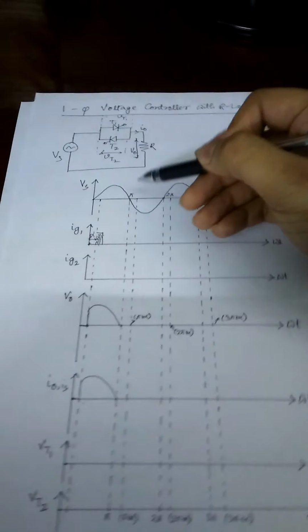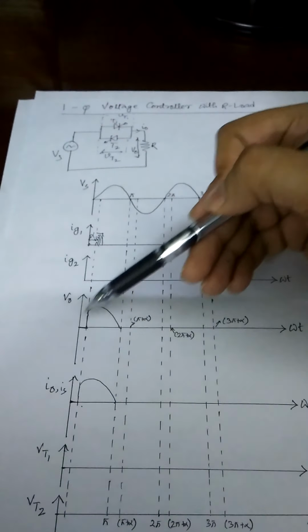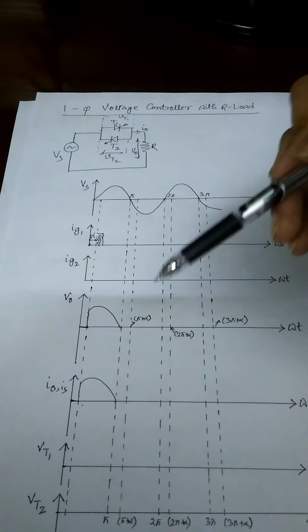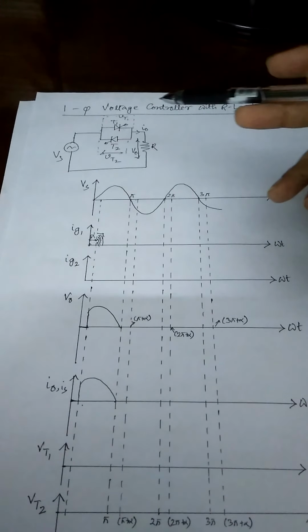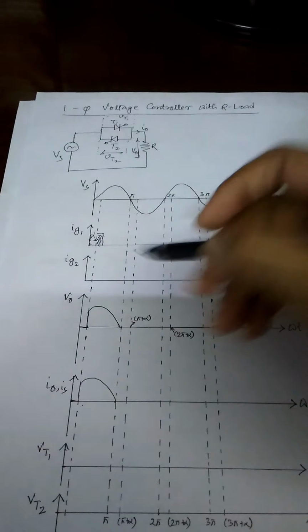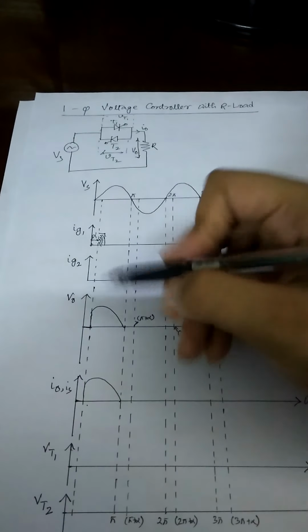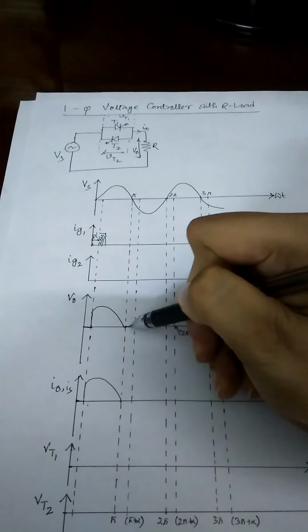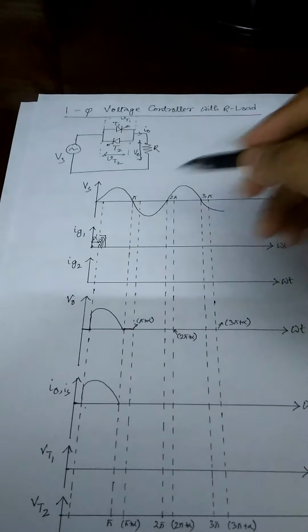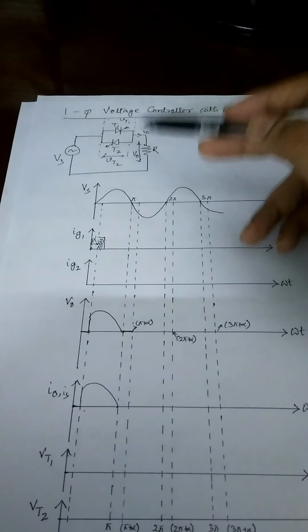So at pi point, the supply voltage comes to 0, the load voltage also comes to 0. Now the T1 thyristor is going to be in reverse bias condition. Then at pi plus alpha, the T2 thyristor is going to be in conducting state.